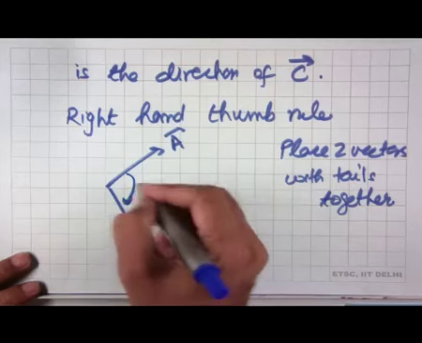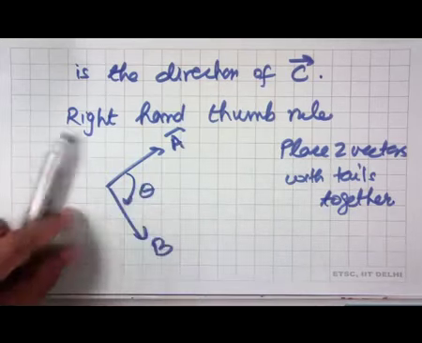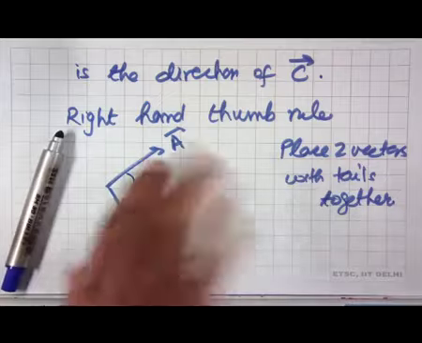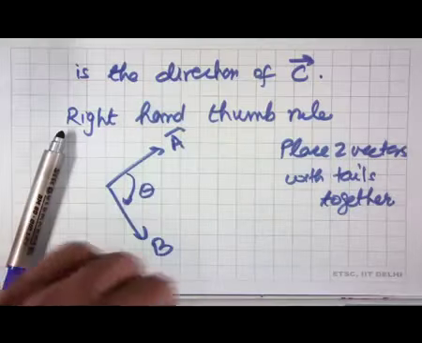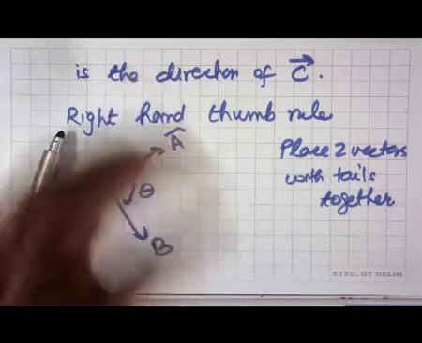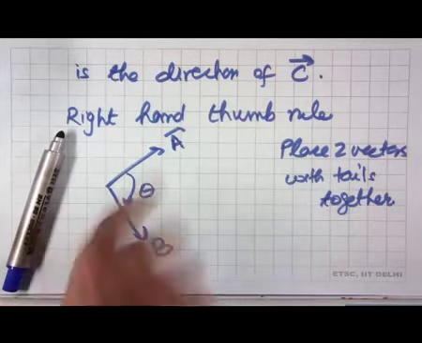You take the right hand, and you make the fingers of your right hand curl in the direction when A will rotate towards B through the smaller angle.